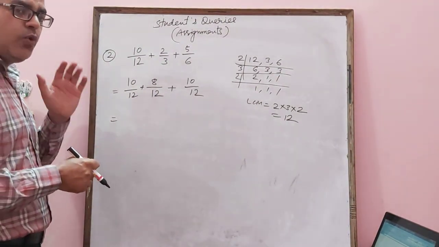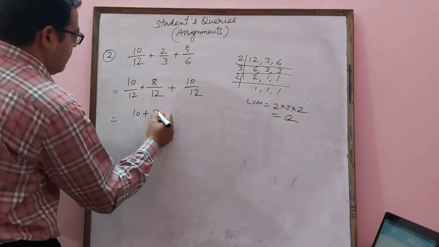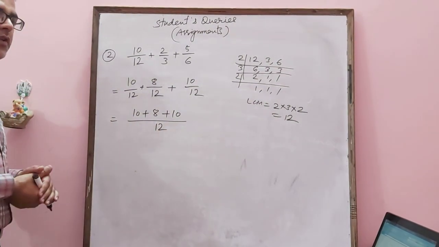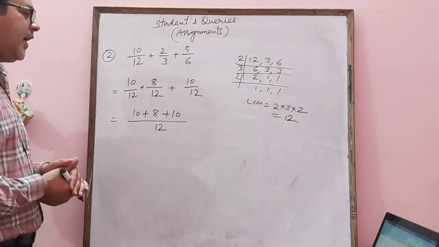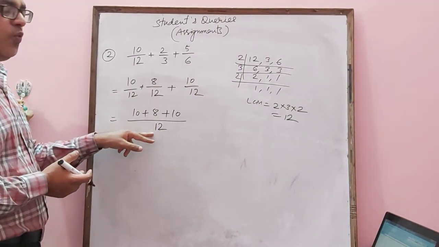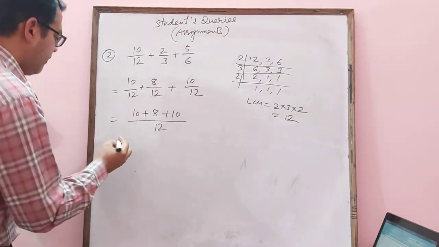So what is the rule to add like fractions? We can add their numerators together and we can take the denominator as a common denominator. 3 denominators are there and we can take 1 and make it the common denominator of all the fractions.